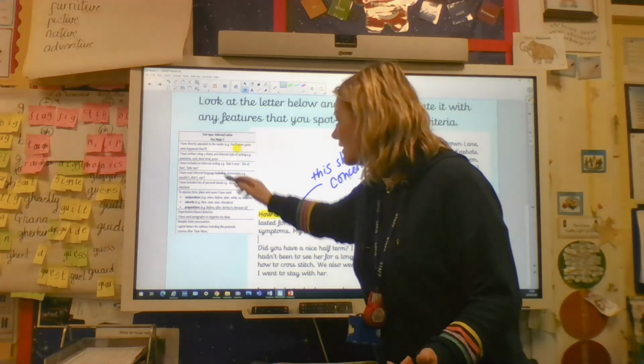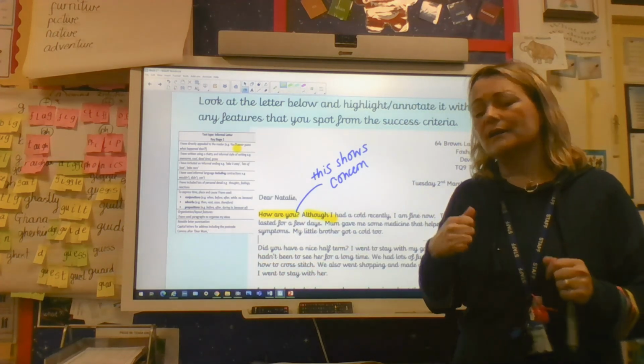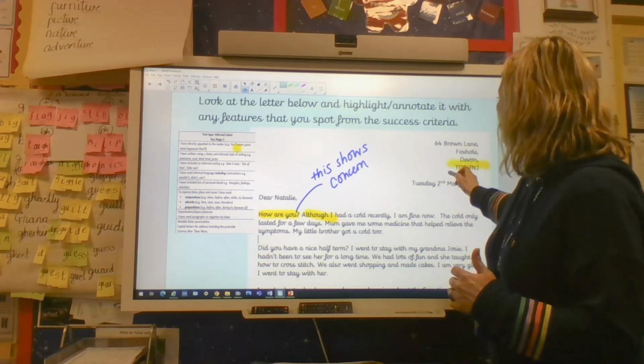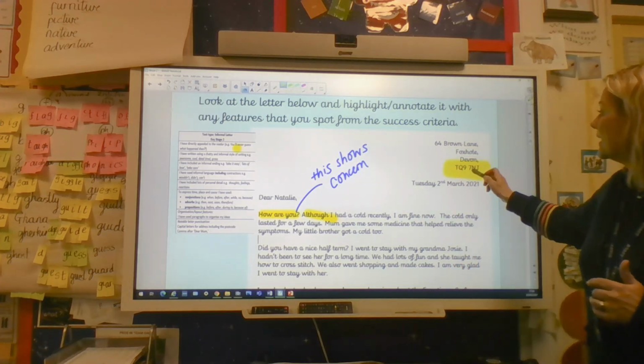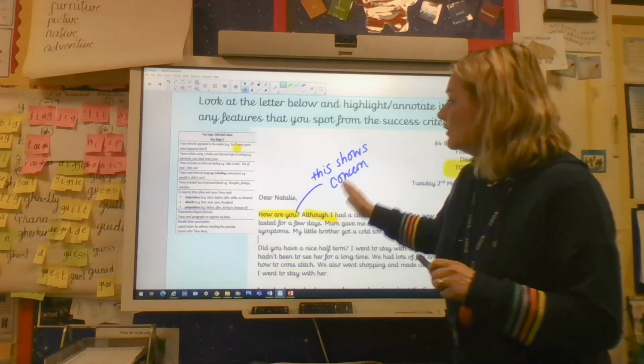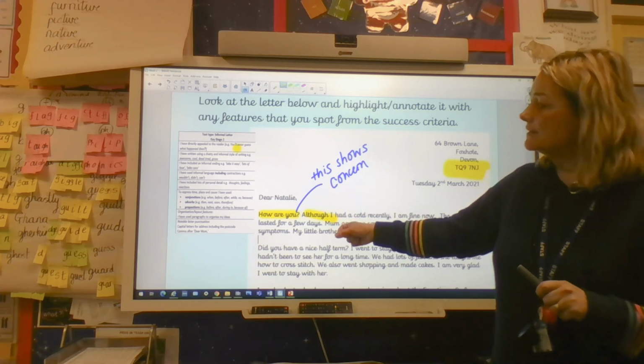Which one of these does that fit in with? So have a think, go through, highlight what you can, annotate if you can as well. We can see the postcode there in capitals. Write down everything that you can see on that letter that shows you it's an informal letter.